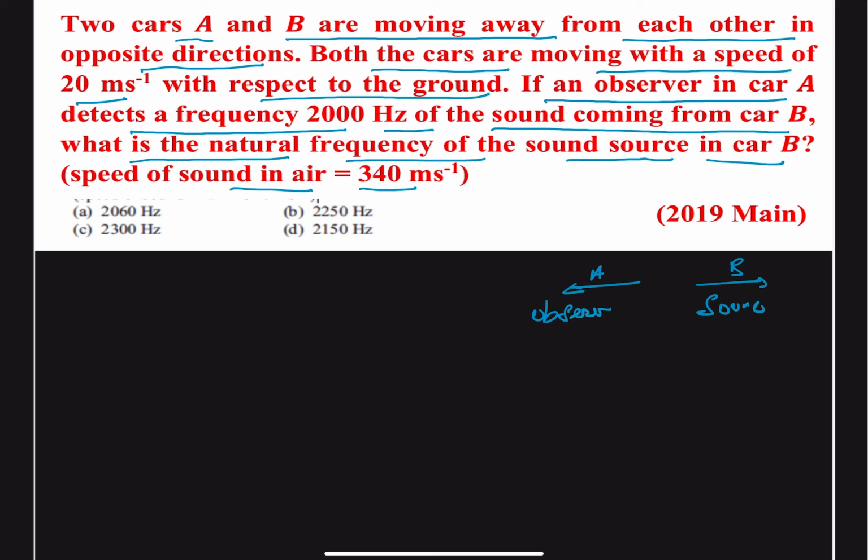And both are moving opposite to each other with the velocity of 20 meters per second, which is same for both the cases. And we have to find out the natural frequency of the sound source B. So in this case, we are going to make use of the Doppler effect equation. So we start from there.